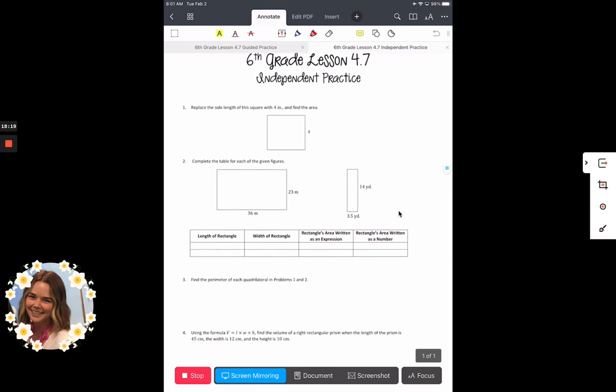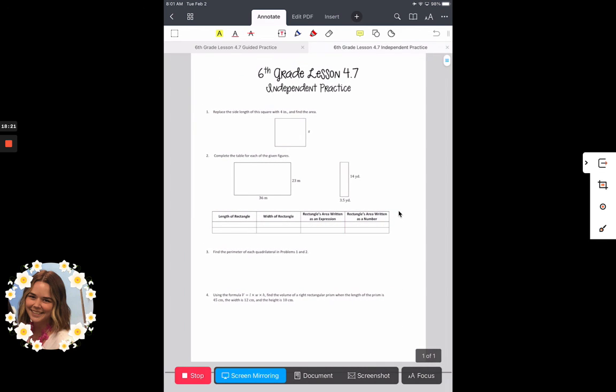Your independent practice, real quick, looks like this. You have a square to find the area of. You have a table, just like we've been doing. And then 3 says to find the perimeter of the quadrilaterals, or the shapes in the first 2 problems.